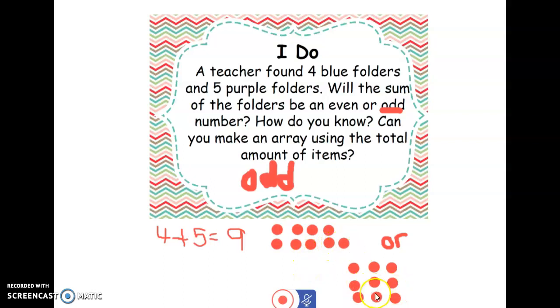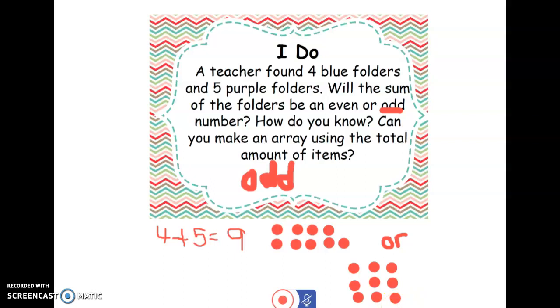Sometimes you might see it like this. As you can see right here, we also have 1, 2, 3, 4, 5, 6, 7, 8, 9. There are 9 dots here. We have an array right here with 9.